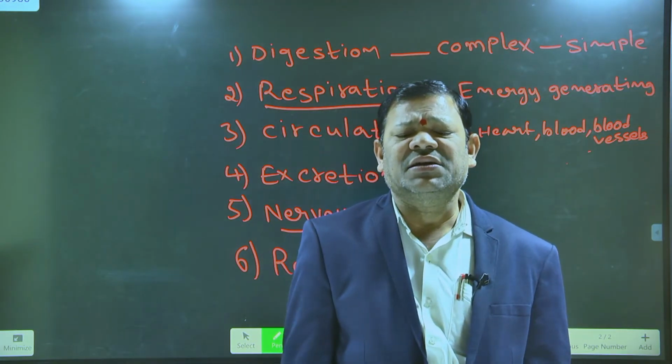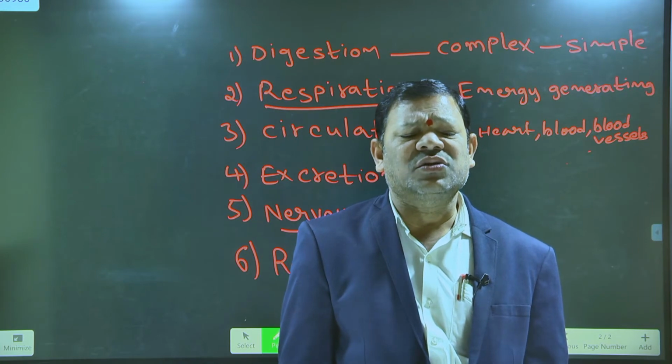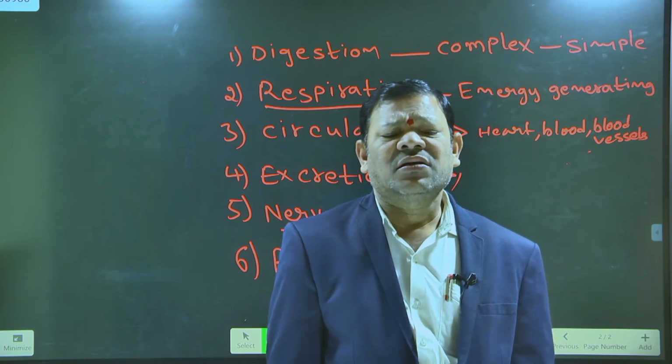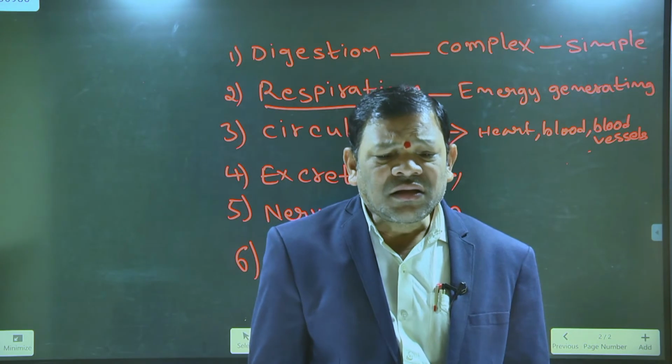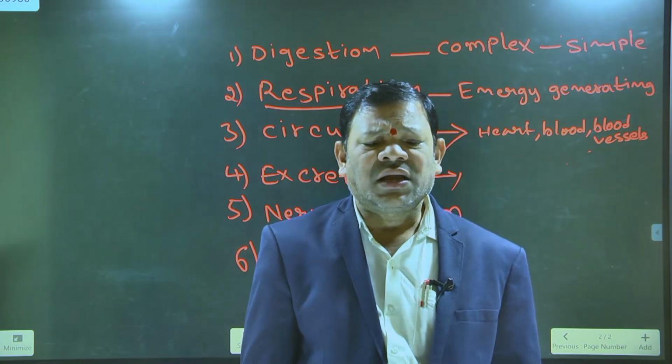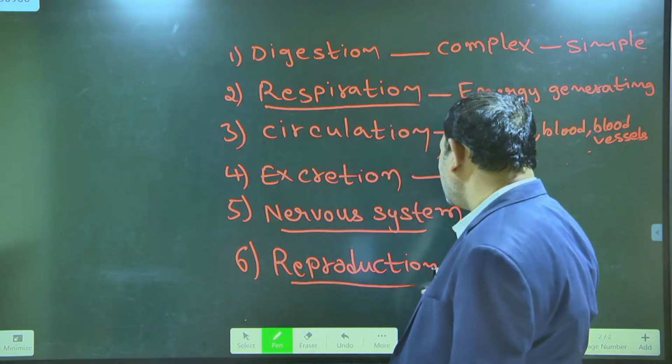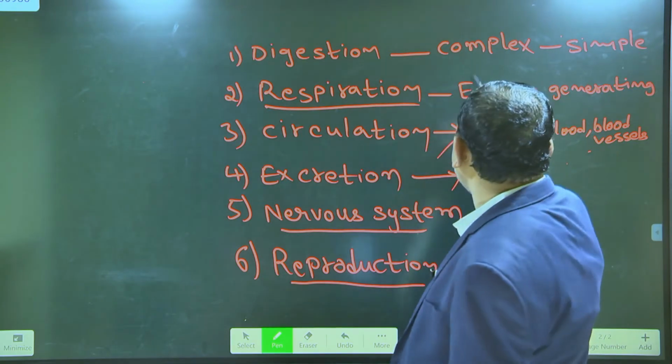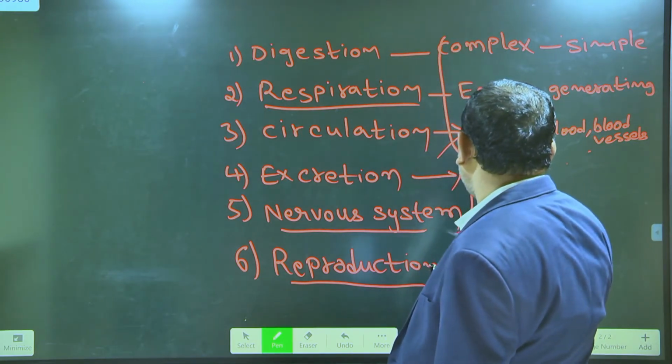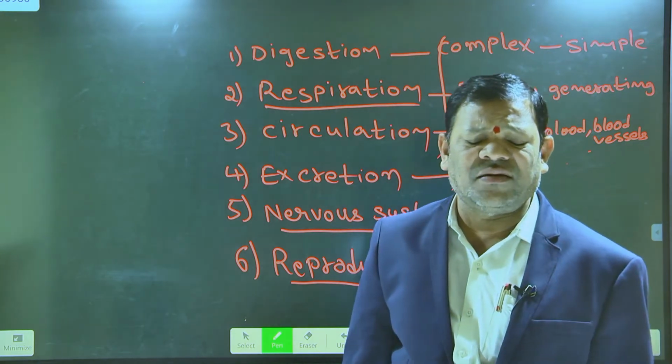Outside of the body, control and coordination occur through the nervous system. Next, the last one. These life processes help in the survival of the organism.